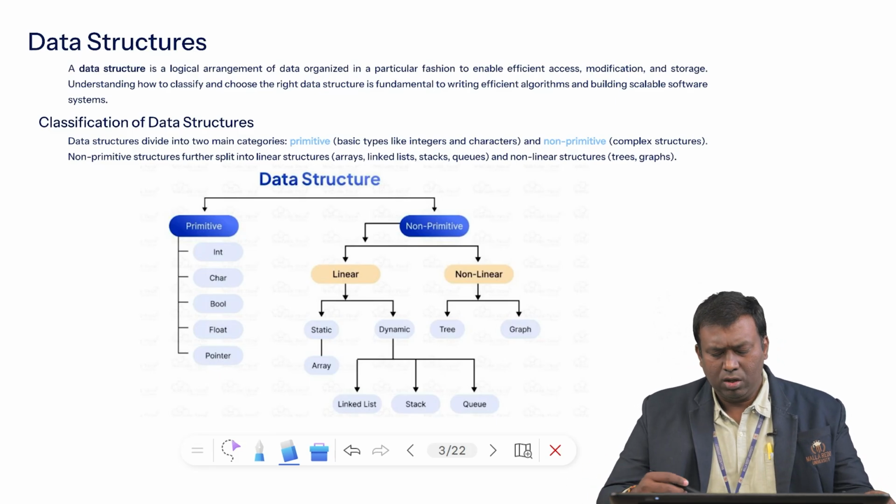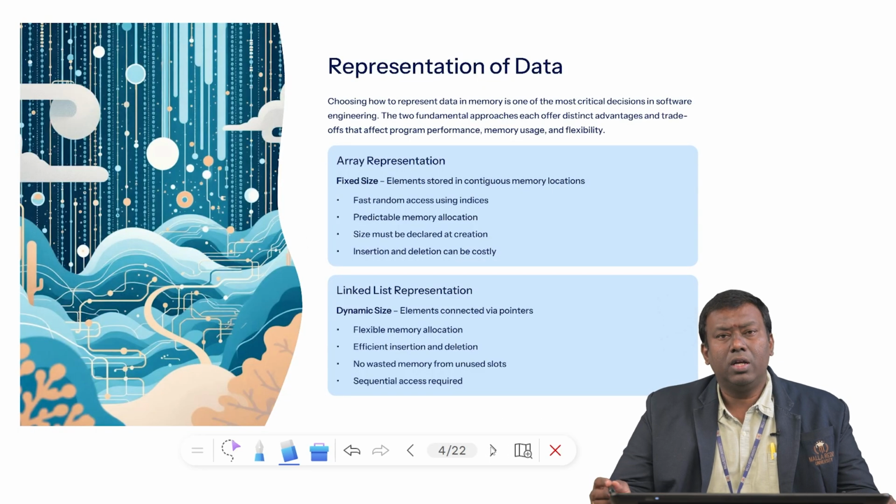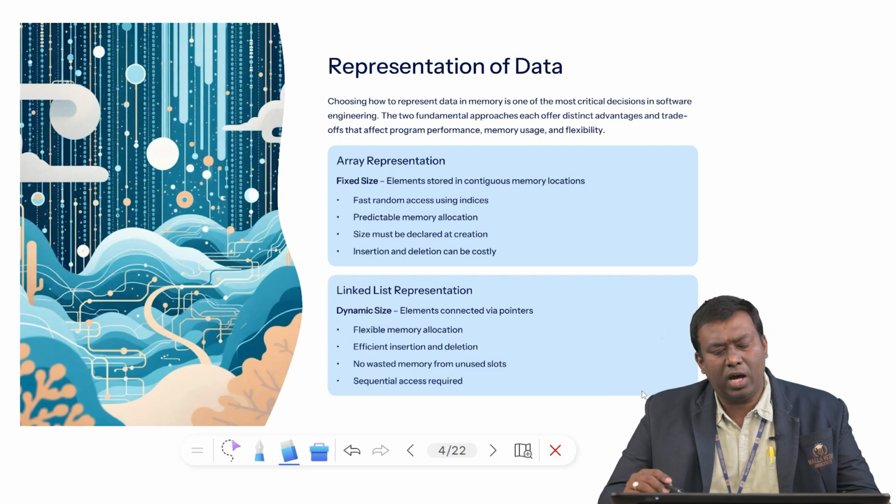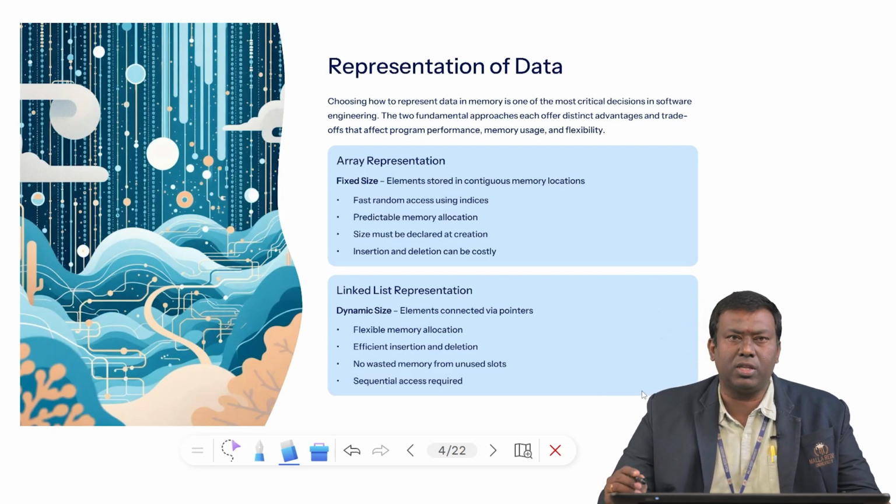Here, we are concentrating on the representation of the data, how we can represent the data. When we want to represent the data, there are two fundamental approaches available. One is array representation and the other is linked list representation.